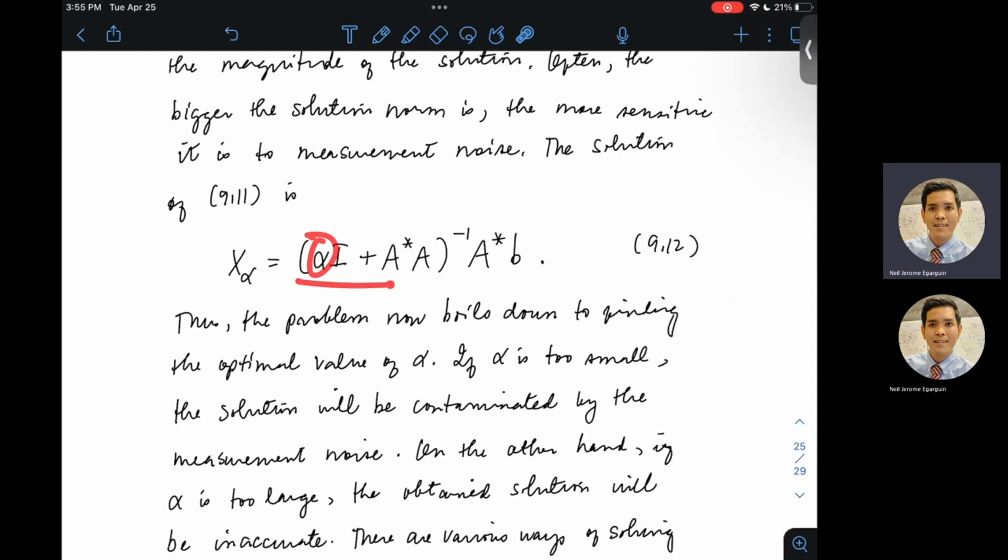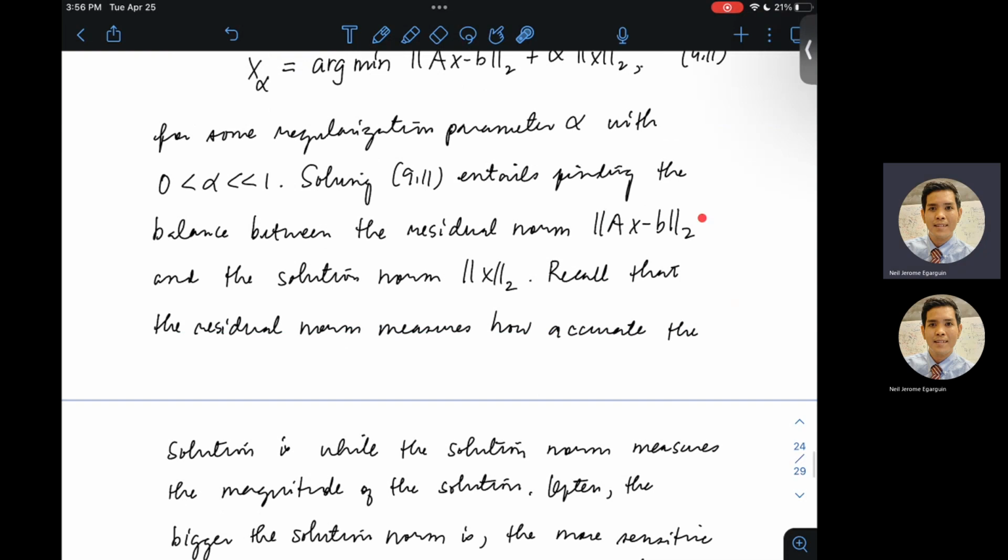And then compute what this vector is. So for each alpha, you're going to get one vector. Now, for each of those vectors, you need to compute the residual, right? So each alpha will give you a residual computed as the L2 norm of the error.